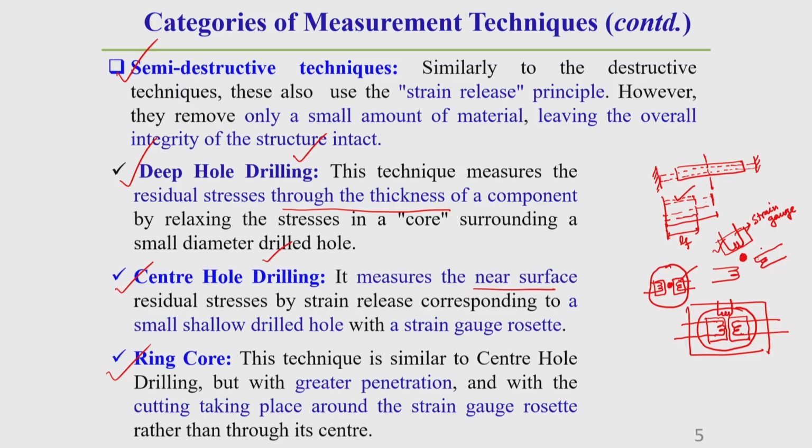Due to this resistance change we calibrate in terms of strain. From that strain we can easily measure the residual stress. You should keep this in mind. So in center hole drilling, the hole is made at the center of the strain gauge, but in the ring core method, the hole is made around the strain gauge rosette.